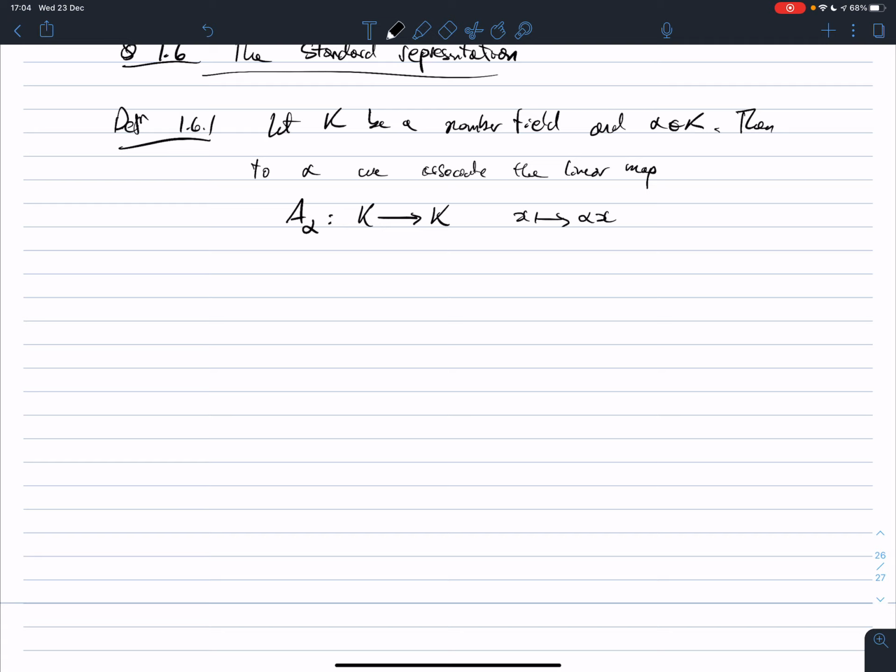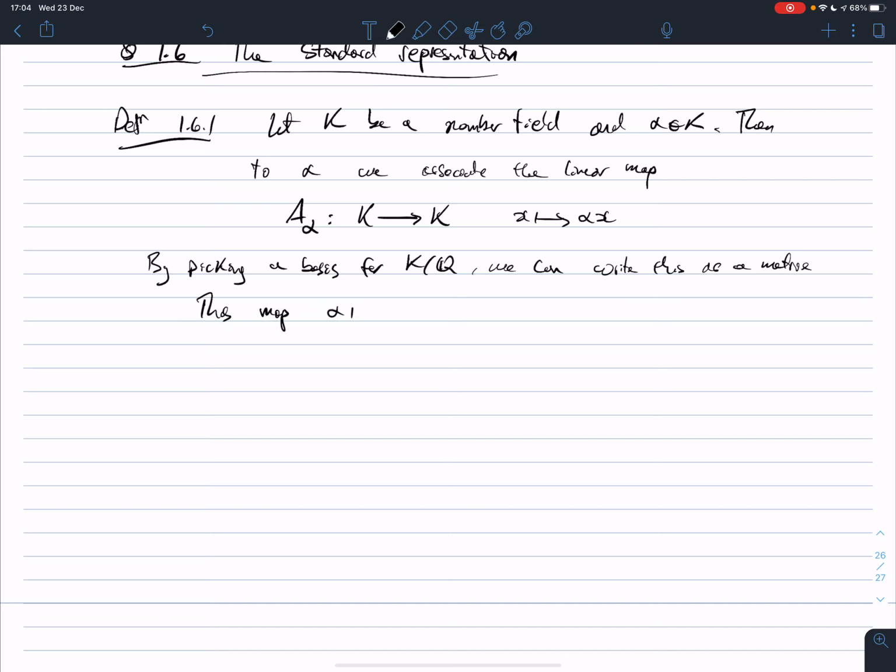Let me just note that by picking a basis for K over Q, we can write this as a matrix. In this case, we'll have rational entries, because we're working over Q. This map, alpha goes to A alpha, is called the standard representation.